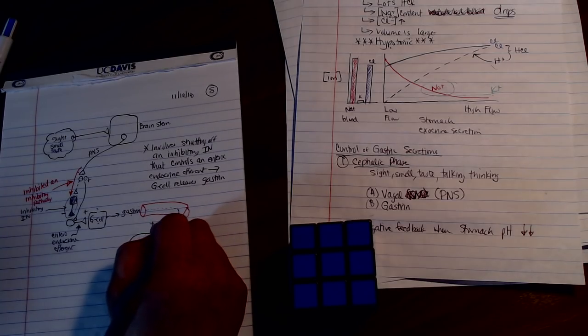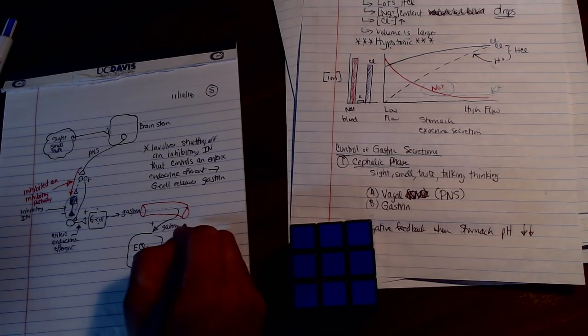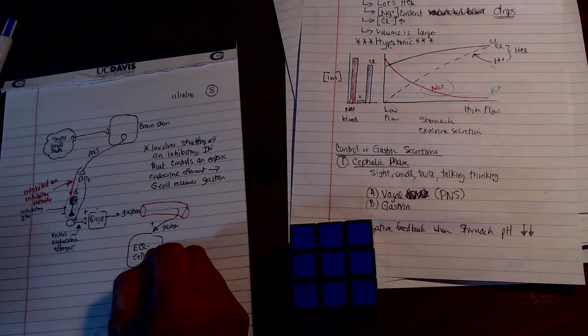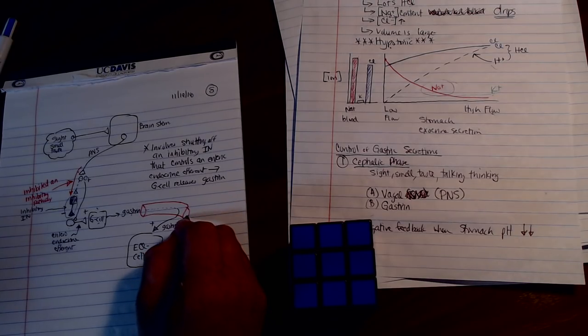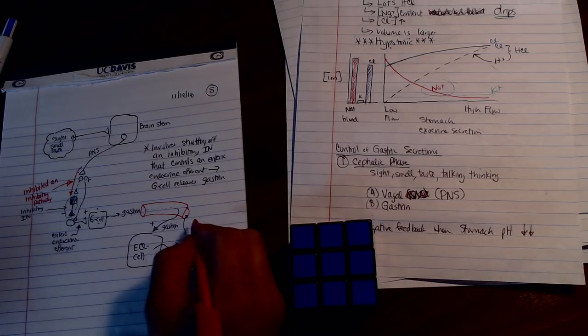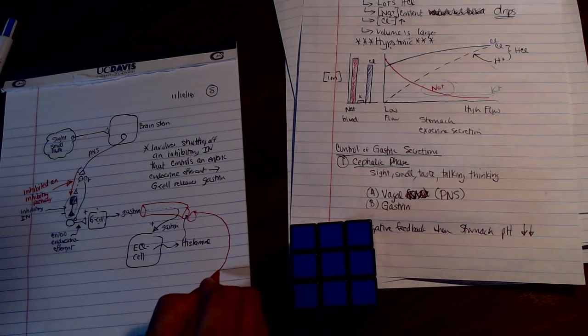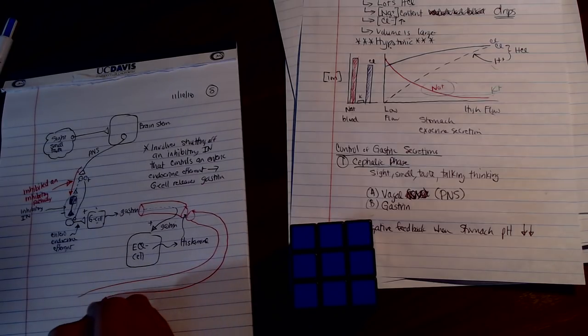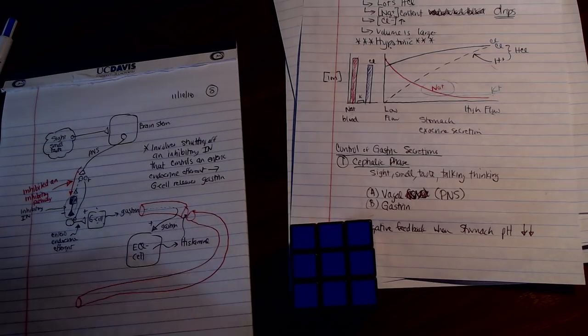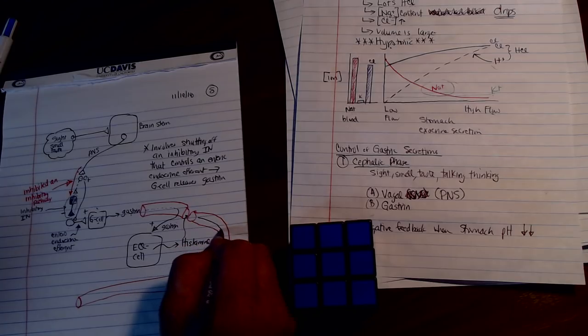So here comes gastrin, comes in. There comes the gastrin. The ECL cell will then secrete histamine. And the histamine will also go into the bloodstream. So there, now we have both of these guys in the bloodstream. Not going very far, by the way. So here comes both histamine and gastrin.